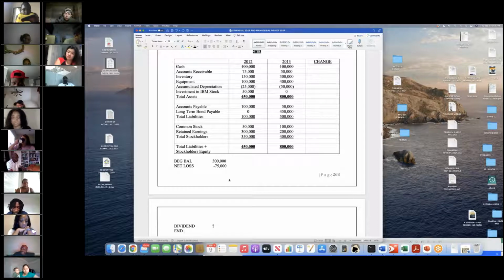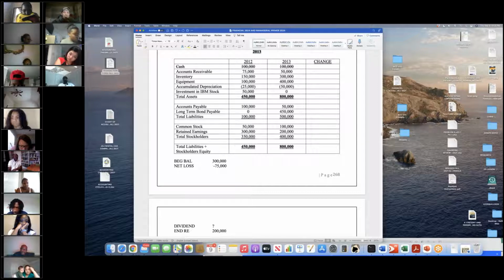Yes. And that number was what? 200,000. So we wanted to do a little thinking. But remember the statement of retained earnings: beginning balance plus income and less loss minus the dividends equals the ending retained earnings.